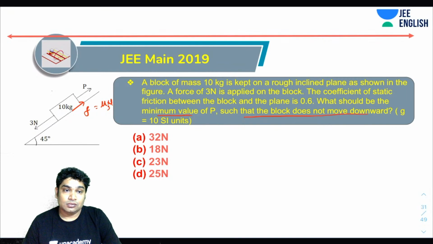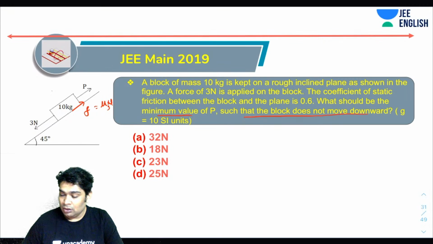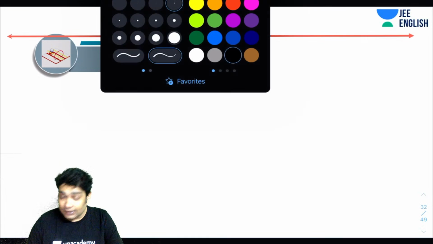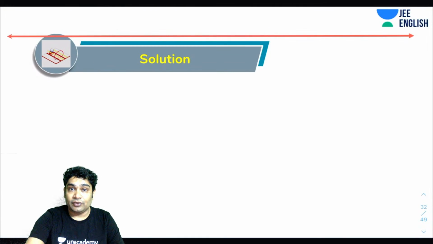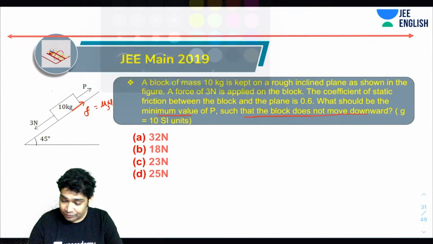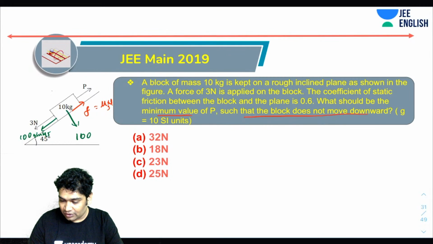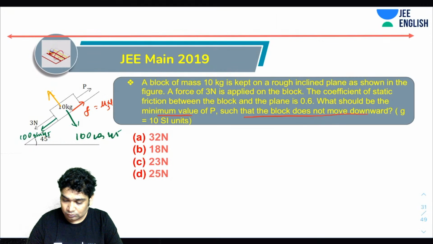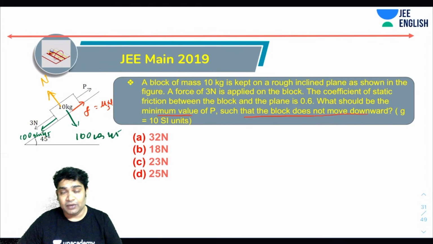So now you can find the answer. If you draw the FBD of this block, the forces it experiences: here it would have 100 sin 45, here you would have 100 cos 45, and then you would have N. And N would be equal to mg cos theta.